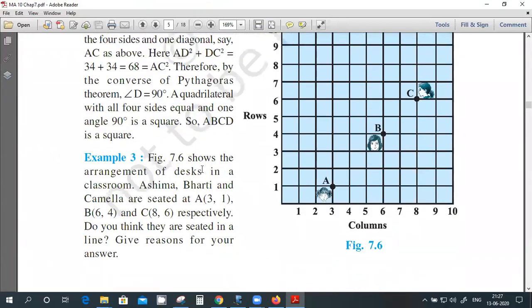Okay, figure 7.6, this one shows this arrangement. 3 people at this location. Do you think they are seated in a straight line? I think this. 3 comma 1, 4 comma 6, 8 comma 6. So are these people on a straight line?